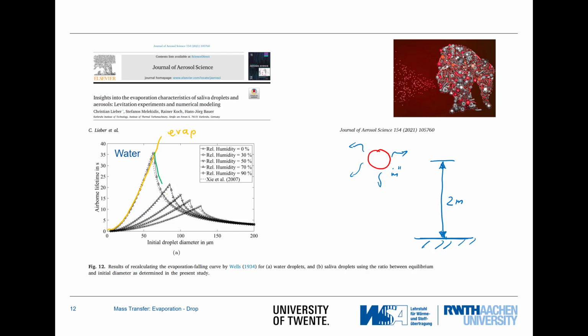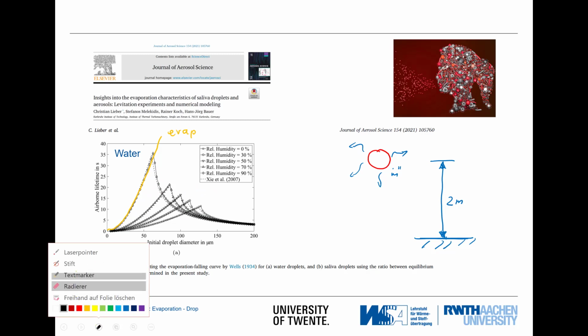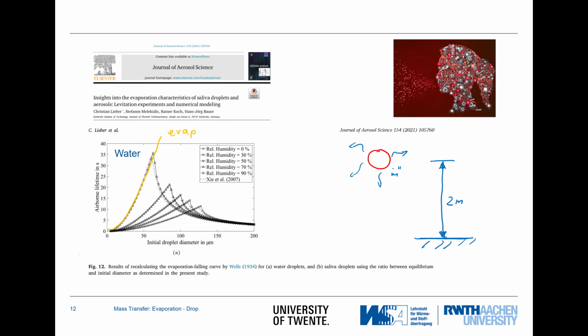This is basically here, the settling. Or in simple words, if the droplet diameter exceeds that value, the droplets just settle down to the ground and are no longer there.